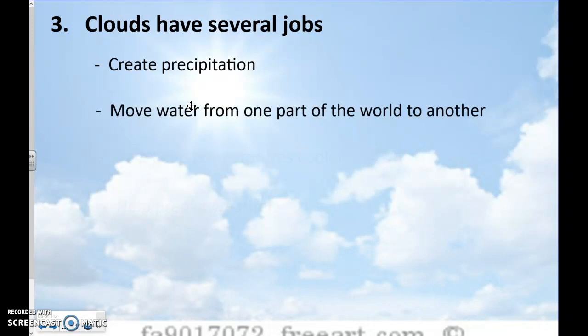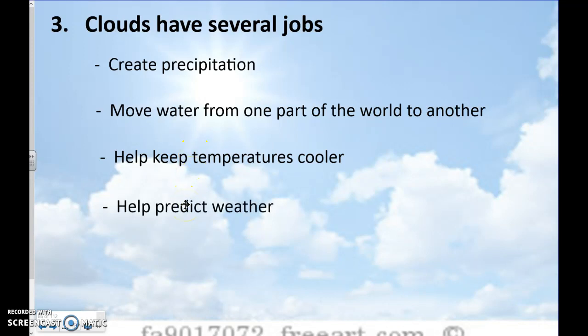So they pick up the water in one area, and then they let it down in another. Okay? They also help protect us by blocking sunlight to keep temperatures cooler, or they can help absorb sunlight and make it warmer in some areas where we need it, so it'll act like a blanket depending on what's happening. And of course, it also can be used to help predict weather.